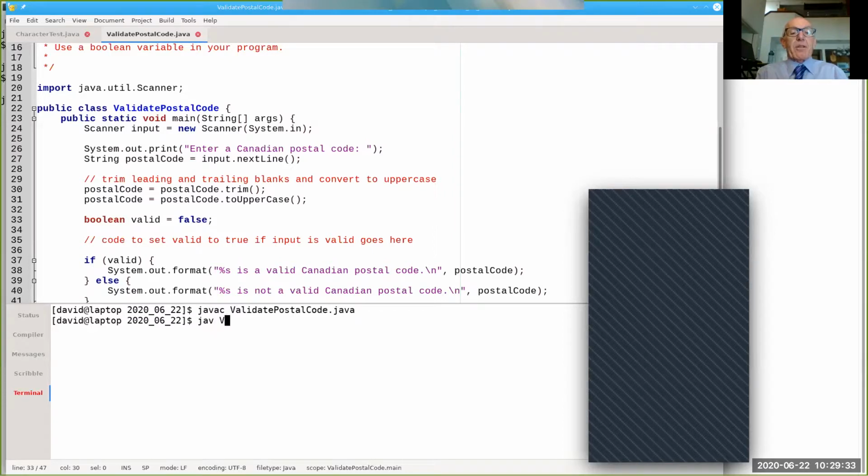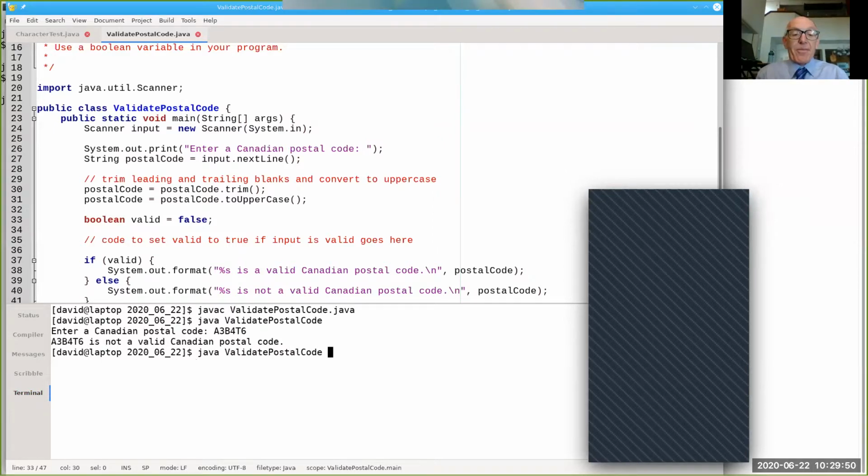So for example, if I run the program here and I say A3, B4, okay. There are no blanks to trim, so it doesn't do anything.